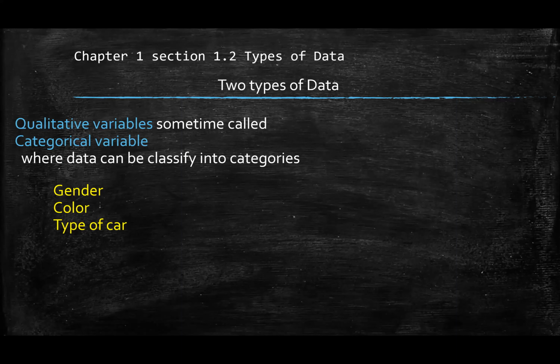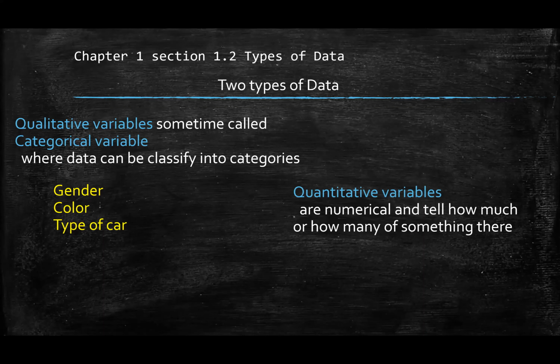You will see qualitative data versus quantitative data. For me, variable and data are interchangeable, ladies and gentlemen. Variable, like I mentioned, is the characteristic that we want to collect. The data is the actual number or the actual name.